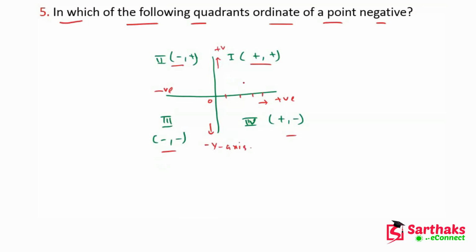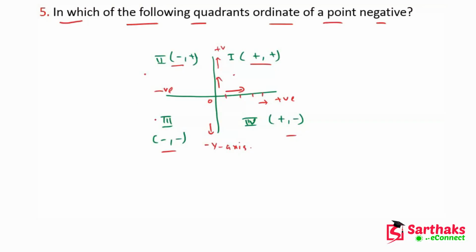So now, my dear friends, let's suppose a point lies in this quadrant. Here it is positive and here it is positive. So we can say this is positive. Now if a point lies in the second quadrant, here is the negative x-axis and here is the positive y-axis. So the coordinates are negative, positive.